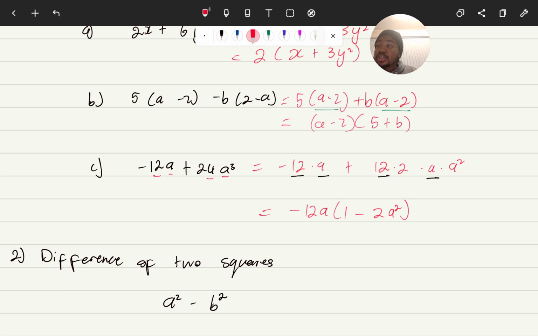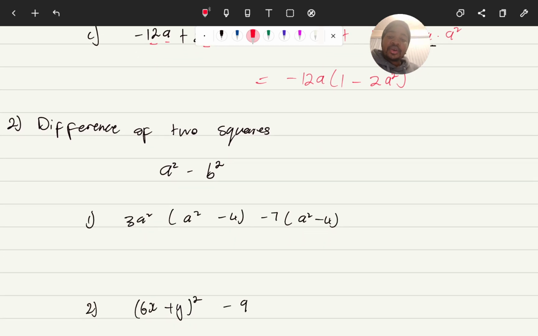The first thing you look for is whether you have any common factors. After you have checked, if you have common factors, you take them out. But if you do not, or you have already taken the common factor out, you check a couple of things. We have what is called the difference of two squares, which is basically what?